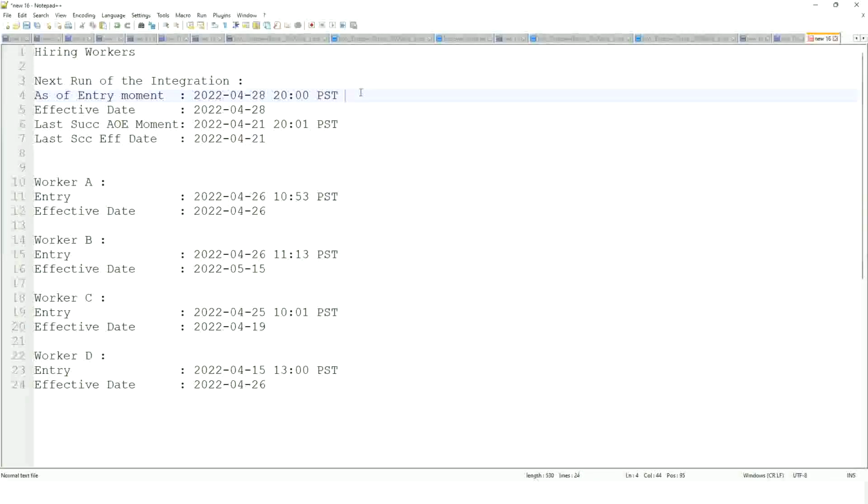Let's do case by case. Worker A. Let's look at worker A. Will worker A be considered as a change? Will the worker A be included?